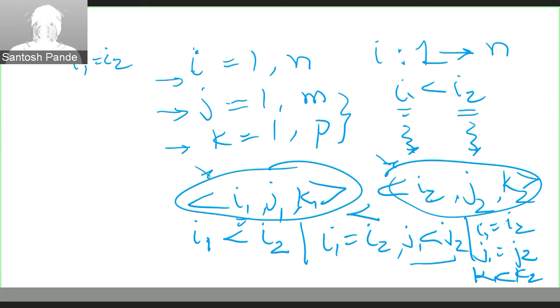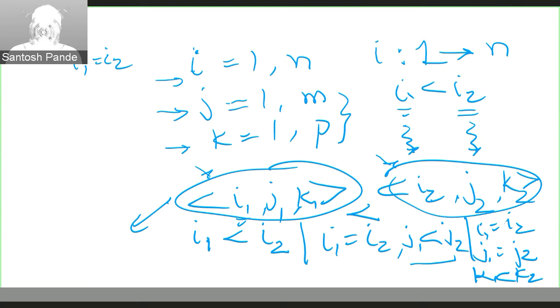So why is this important? This is important because that decides which iteration occurs before what. And why is this order really important? It is important because it tells us, if there is a dependence from a given iteration vector to another iteration vector, what kind of dependence that is.